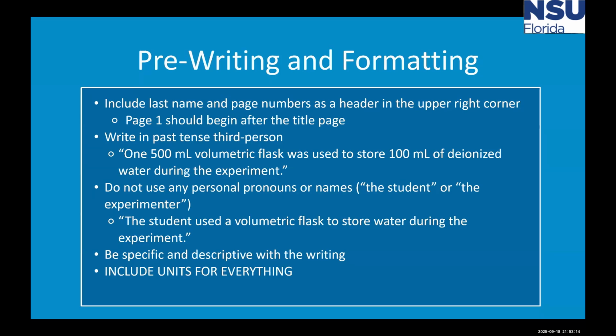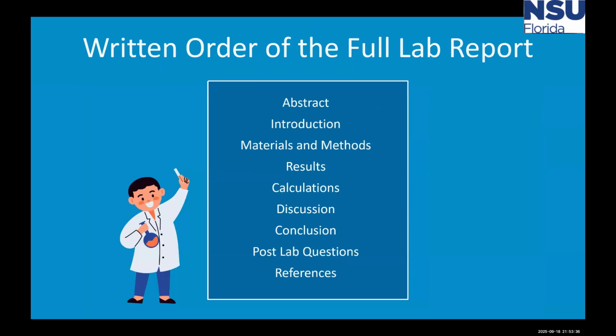So you're not saying I used a 500 milliliter volumetric flask. You are saying the flask was used. When you're writing, you want to make sure that you're being specific and descriptive, and you should be including units for everything that you write, because if not, you are going to significantly decrease the validity of your results.